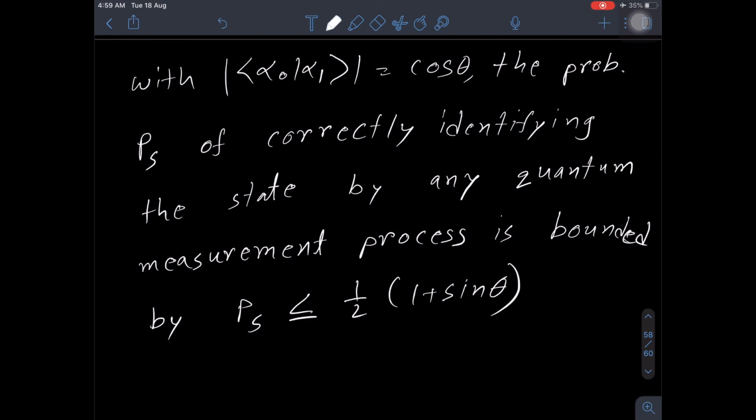And the bound is tight. That means there is a particular choice of measurement that gives you the equality, which is the eigenbasis of the operator D. And this is called the Helstrom-Holevo bound.